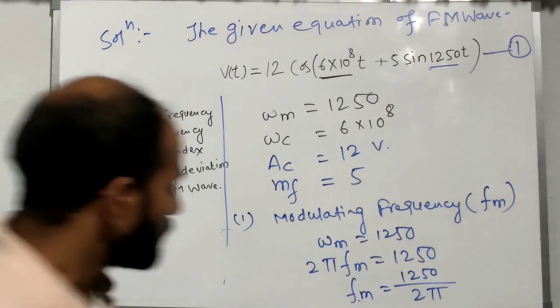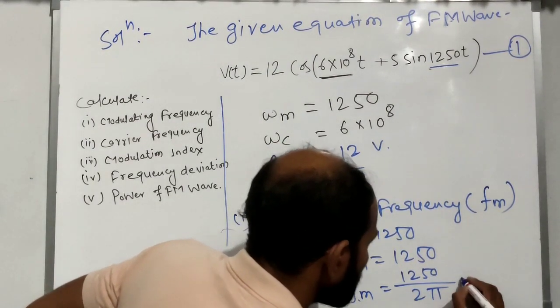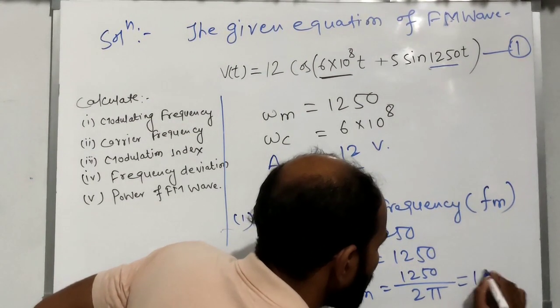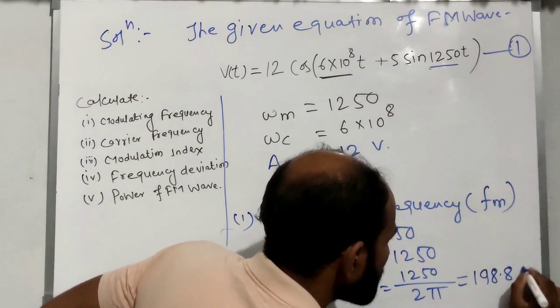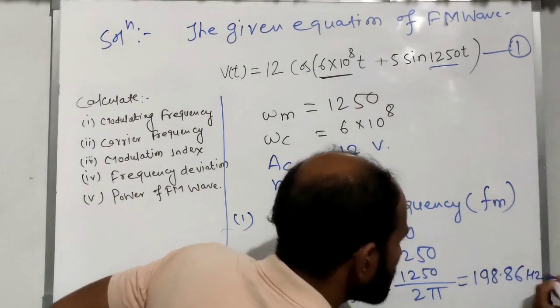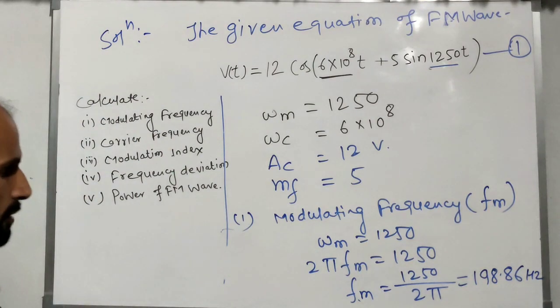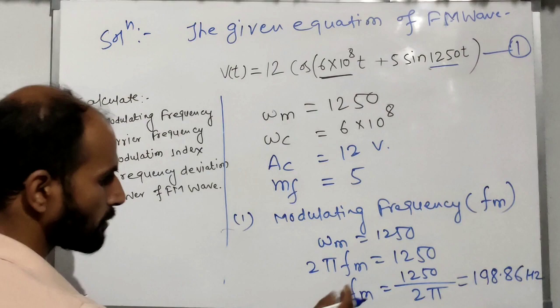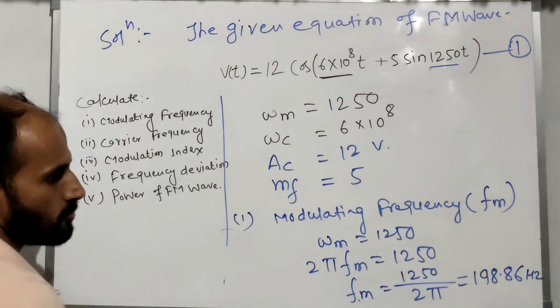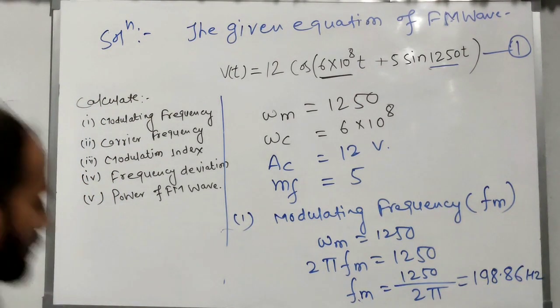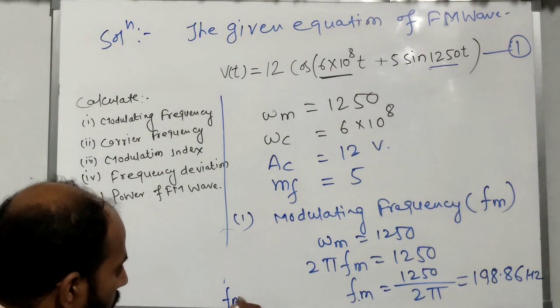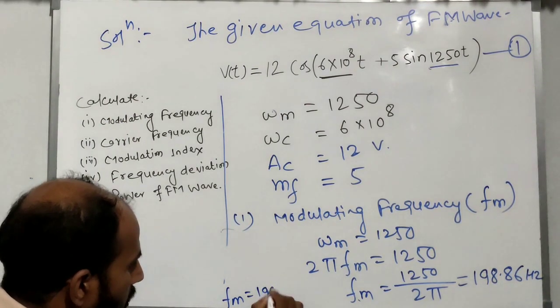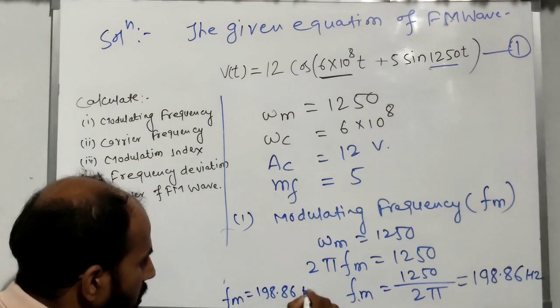Now we calculate this, and simply we get 198.86 hertz. This is the modulating frequency fm, which is equal to 198.86 hertz.